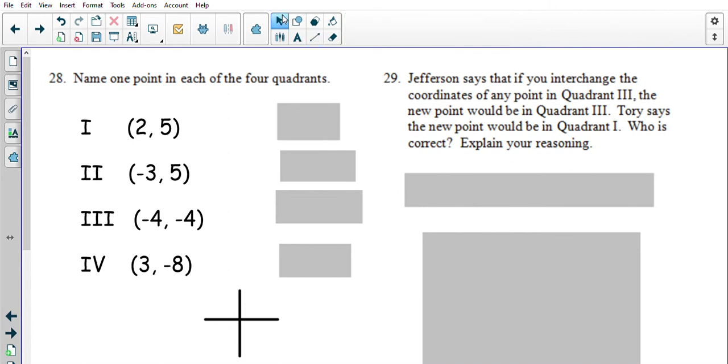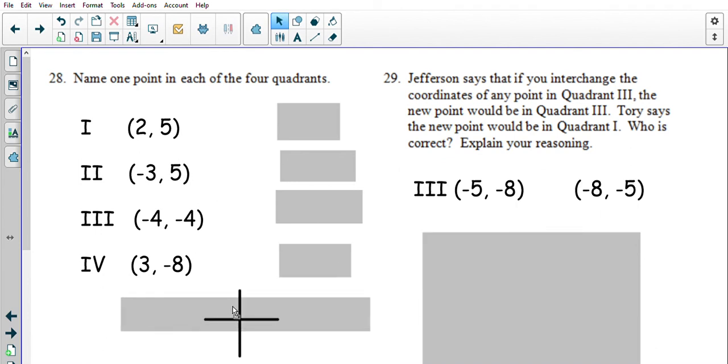All right, last one, number 29. Jefferson says that if you interchange the coordinates of any point in quadrant 3, the new point would be in quadrant 3. Tori says the new point would be in quadrant 1. Who is correct? And explain your reasoning. So let's think what happens. If we have a point that's in quadrant 3, for example, -5, -8, where they're both negatives.